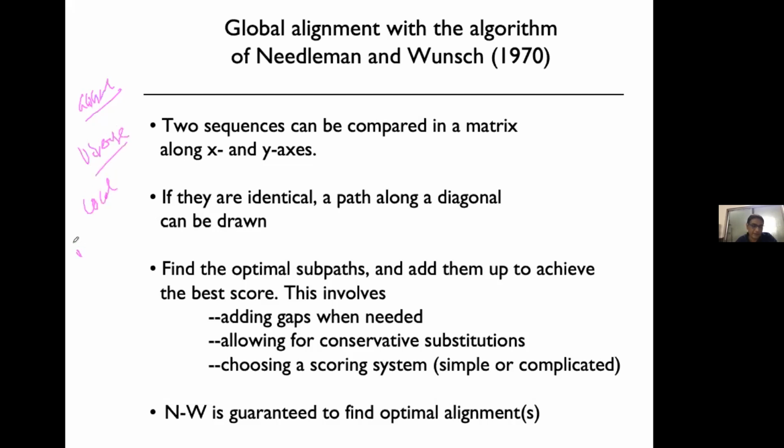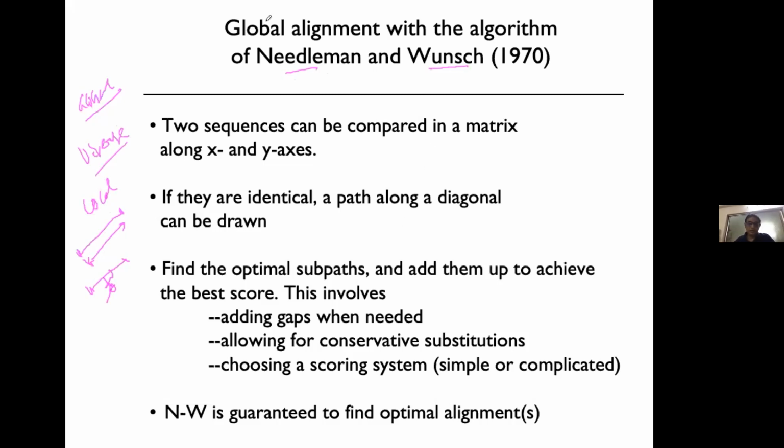The global alignment is to align the sequences along the entire stretches of the sequences. But in a local alignment, you align only the particular regions of the query sequences where you get the best matches. One of the algorithms we're looking at today is the Needleman-Wunsch algorithm.